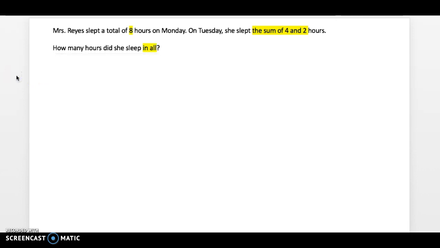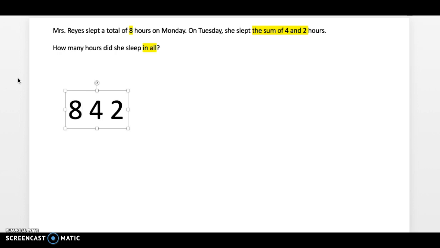So what might this look like? Let's take our numbers and put them in a text box: 8, 4, and 2. Let me make this a little bigger for you so you can see it. From here, we need to figure out what operation we're going to be using. It says, how many hours did she sleep in all, in our question.